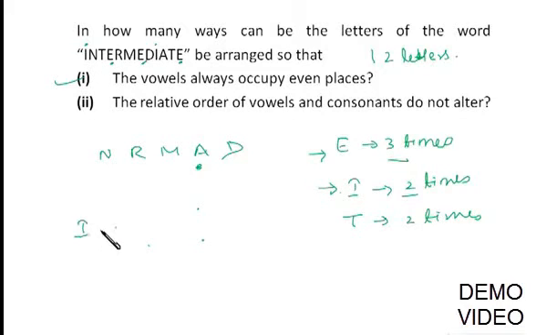That is I, then E, then E, then I, and then E, and then E. So this is the order of vowels, and the consonants are N, T, R, M, D, and T. 3, 3, 6, and 6, 12.